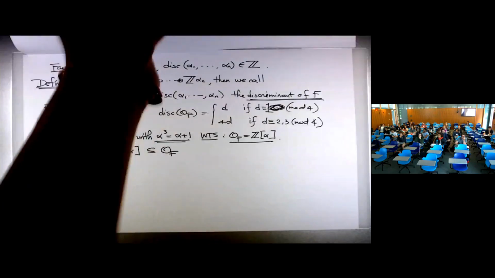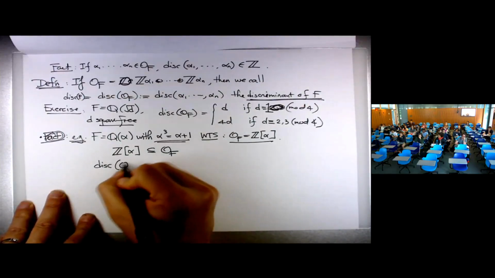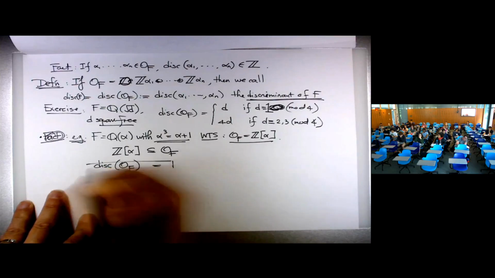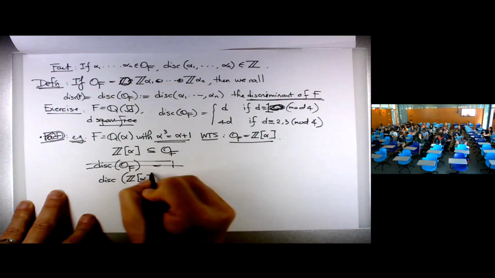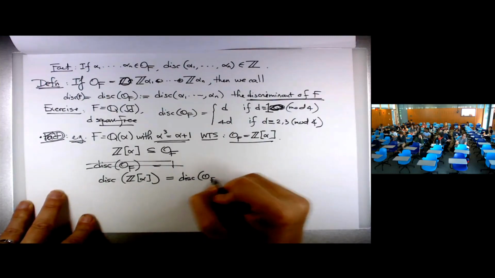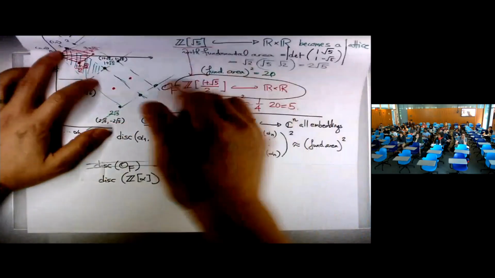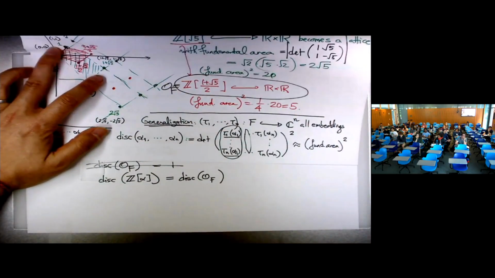Now, if you look at the discriminant of the larger lattice versus the discriminant of the smaller lattice, because the discriminant is really, you should think of it as the square of the fundamental area.